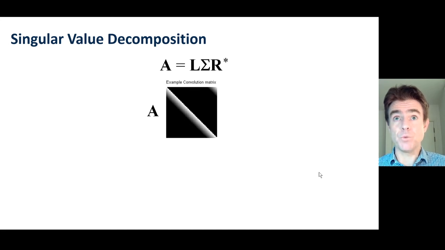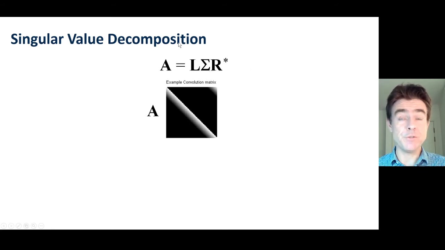What it does is take a matrix A and decompose it into three matrices. By direct analogy, what we were seeing before was that a convolution matrix H was being diagonalized by a Fourier transform, then a diagonal matrix which held the transfer function down the diagonal, and then an inverse Fourier transform.